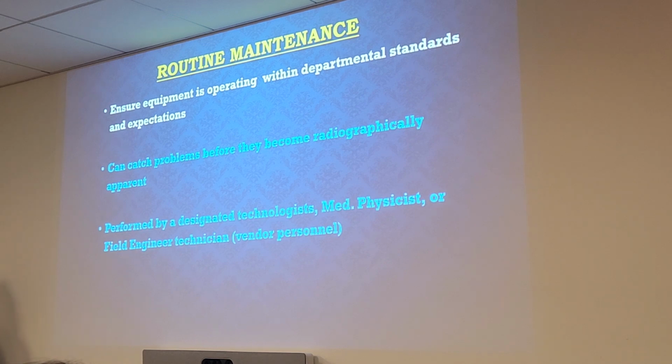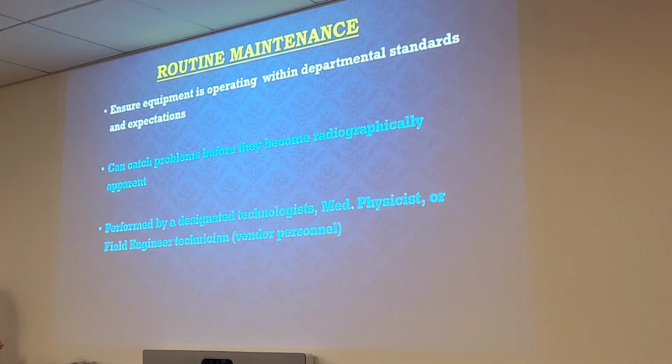All right, so routine maintenance. This is to ensure that the equipment is working at the departmental standards and expectations. It's done so it can catch the problems before they become radiographically apparent. So while you're doing routine maintenance, if you happen to notice, say, an artifact that pops up on your image, you can say, okay, let's take care of this problem, see what needs to be done, call biomed.